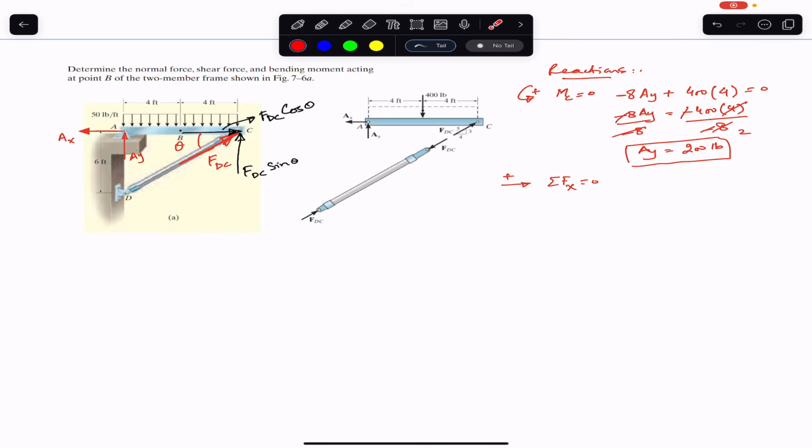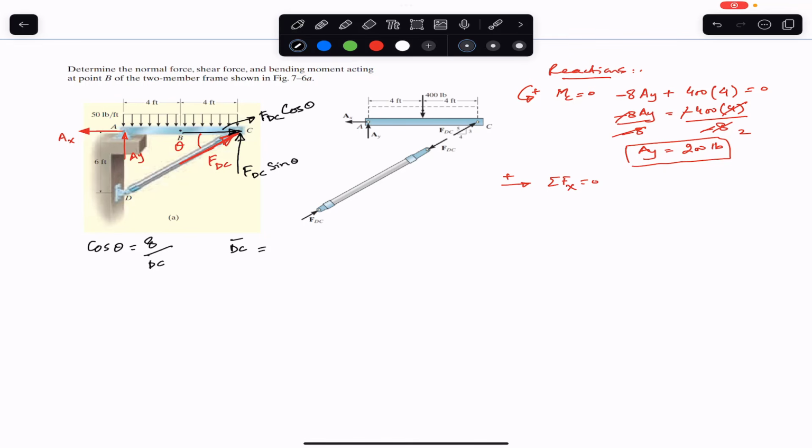So if I find cos of theta from this right angle triangle, the last triangle, cos of theta will be the base of this right angle triangle. So the base is this 8 feet, so 8 divided by hypotenuse. This is the hypotenuse, which is the length of DC member, which is not known. So we have to find this DC length. We can always apply the Pythagoras theorem for a right angle triangle.